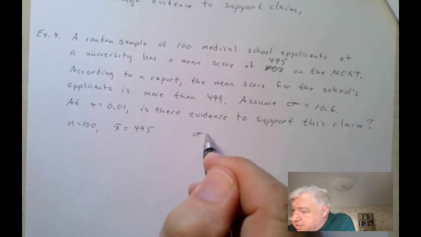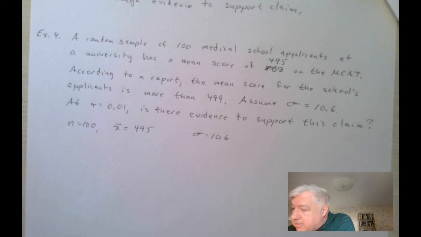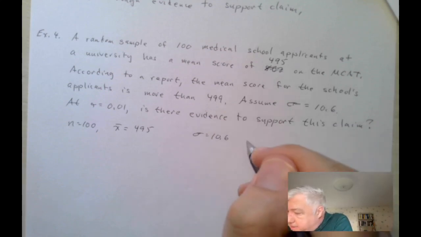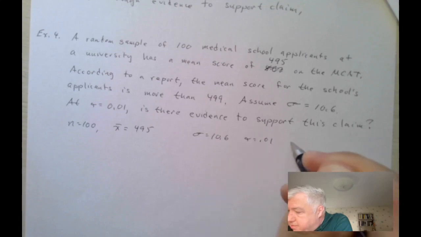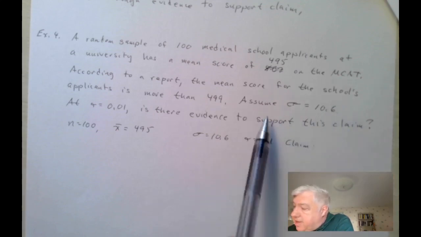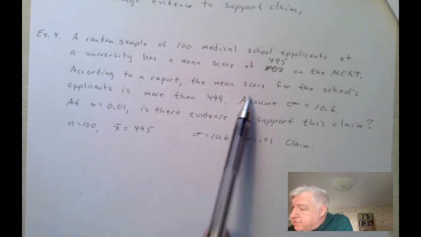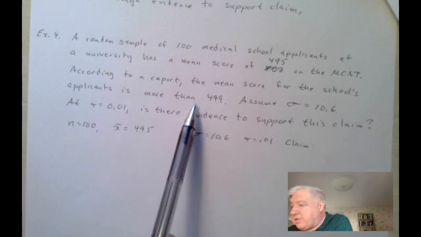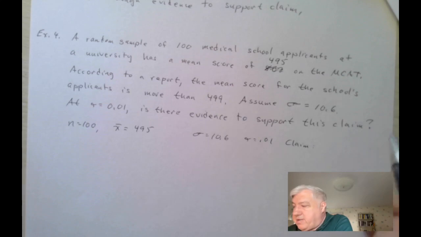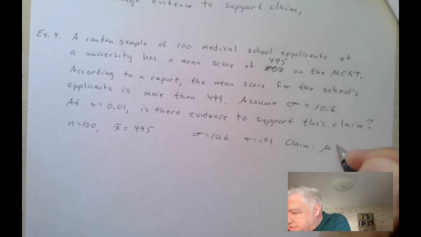Sigma is 10.6. Alpha is 0.01. And our claim says that the mean score of all the school's applicants is more than 499. So the claim says that mu is greater than 499.